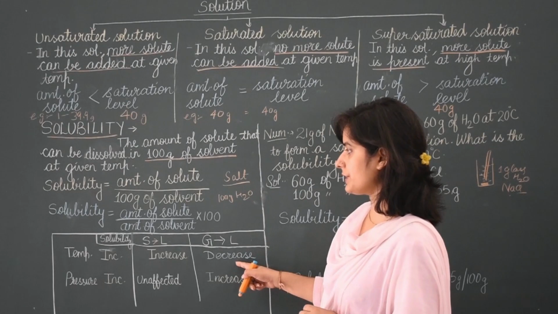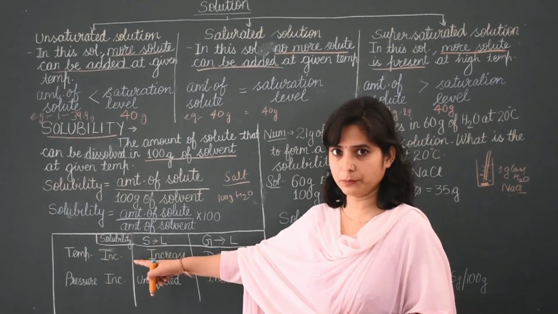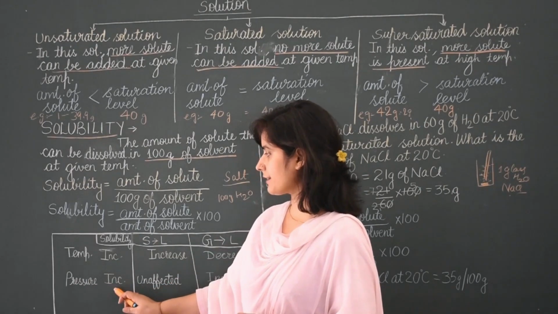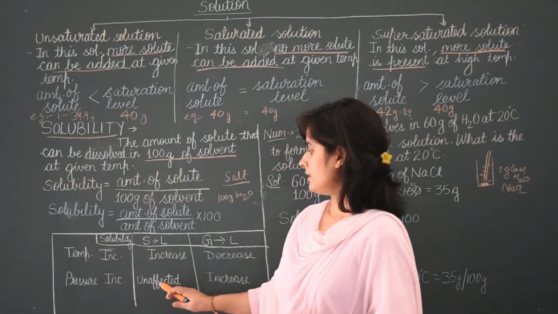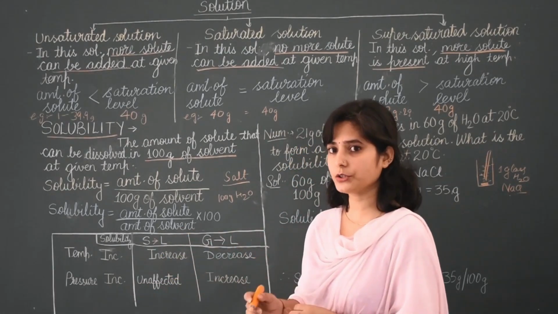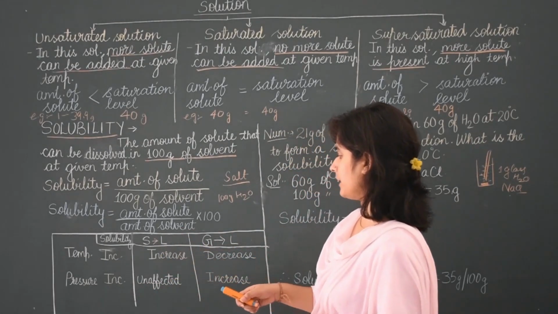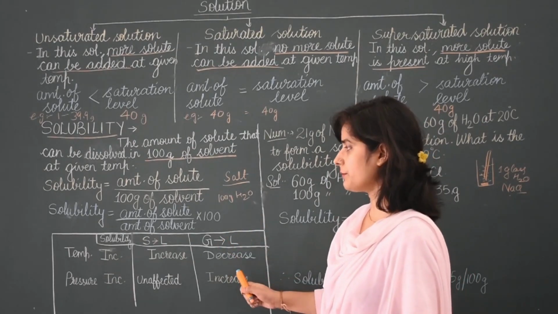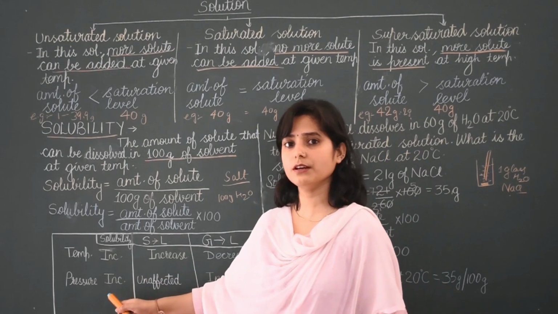So solubility decreases with increase in temperature. Next, the effect of pressure. There is no effect of pressure when we add solid to liquid. But when we add gas to liquid, solubility increases with increase in pressure.